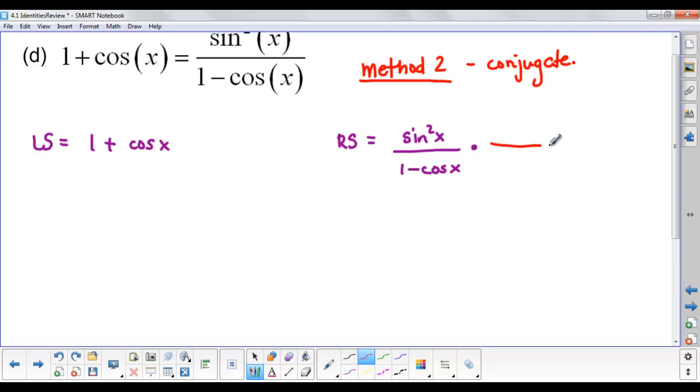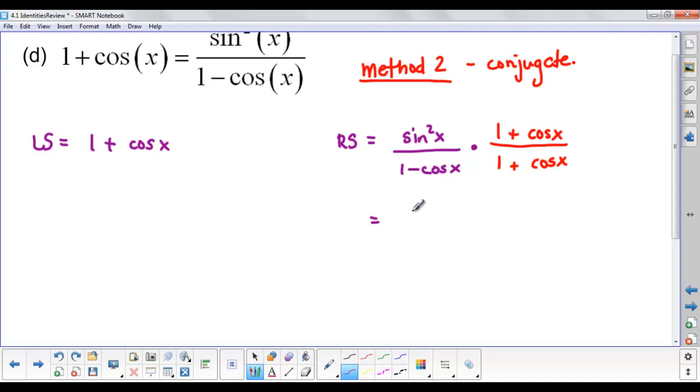The conjugate of a binomial is pretty much the exact same thing as the binomial itself, except we change the sign that's in the middle. So we're going to multiply by 1 plus cos x. If I multiply 1 plus cos x over 1 plus cos x, essentially we're multiplying by 1, because anything over itself is equal to 1. So we haven't changed any value of this equation.